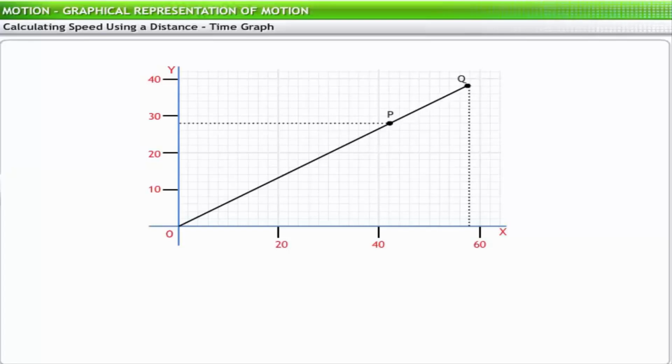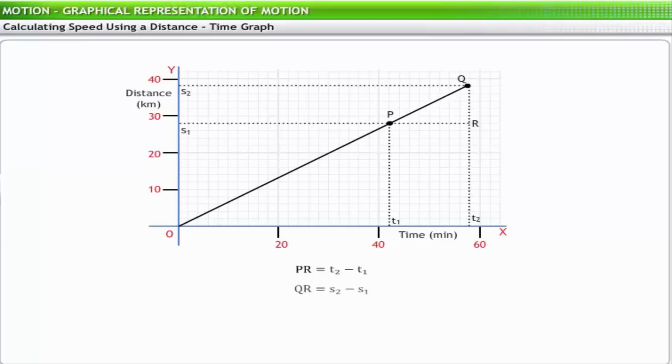These parallel lines intersect each other at point R to form a triangle PQR. On the graph, PR denotes the time interval, while QR corresponds to the distance. You can see from the graph that as the object moves in time interval t2 minus t1, the distance it covers is s2 minus s1.